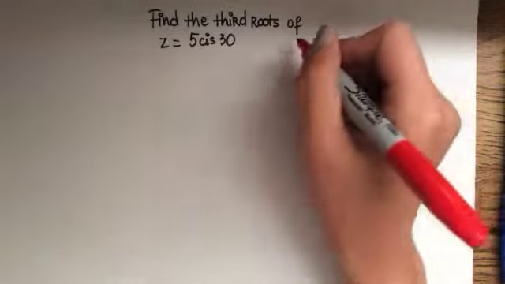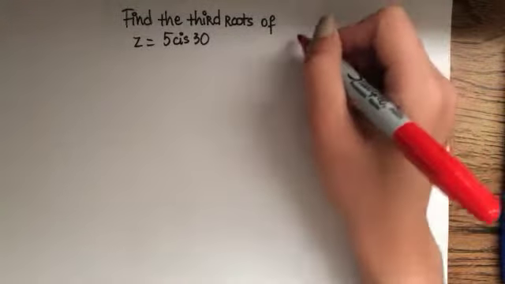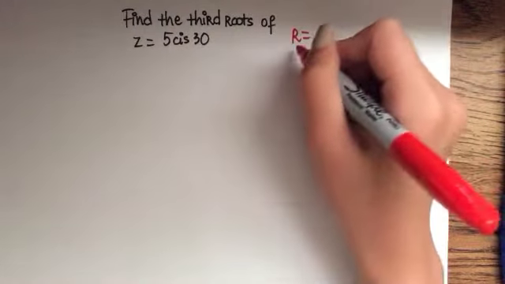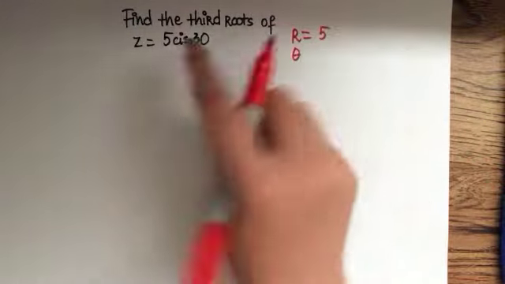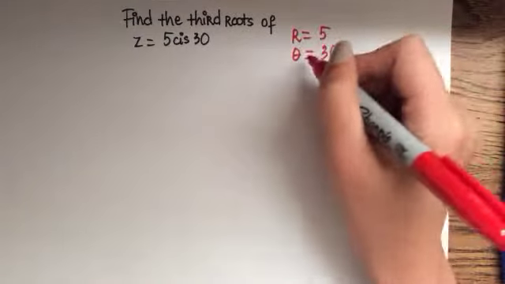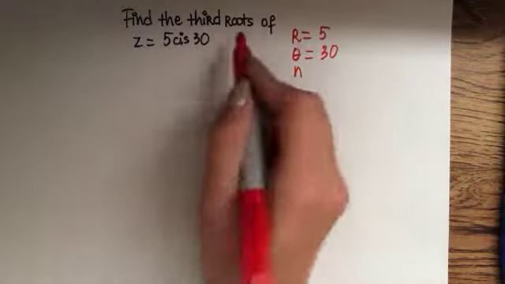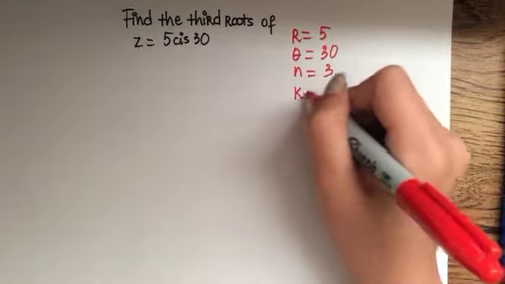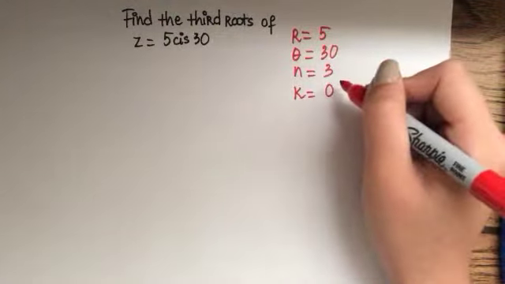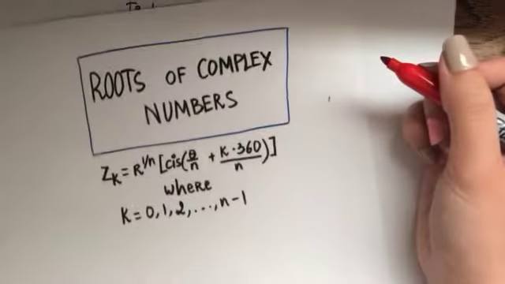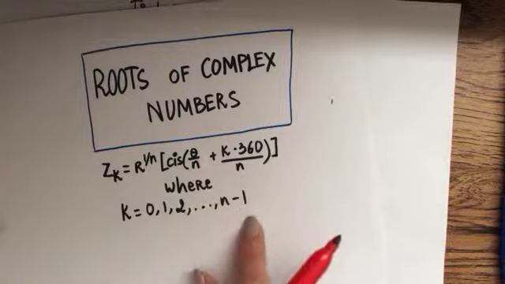So you have r equals 5, theta, which is right here, equals 30. Your n, since we need to find the third root, is going to be 3. And your k is going to be 0 because, as you remember, your k right here, the original one, needs to be n minus 1.